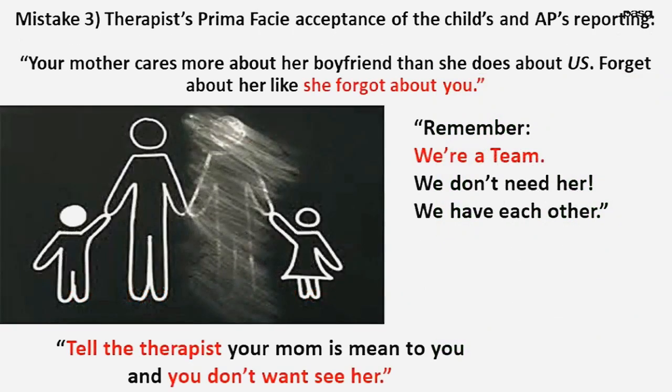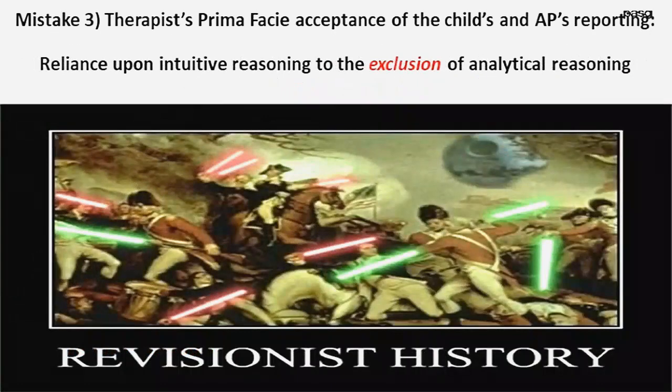When they do that, they are relying on what's called intuitive reasoning, that they believe the child and patient is telling the truth. That does not meet the standard of care. That's another failing. They have a responsibility to rely also on analytical reasoning. Both are important. System 1 and System 2.